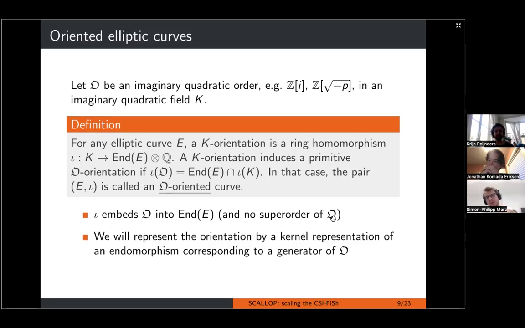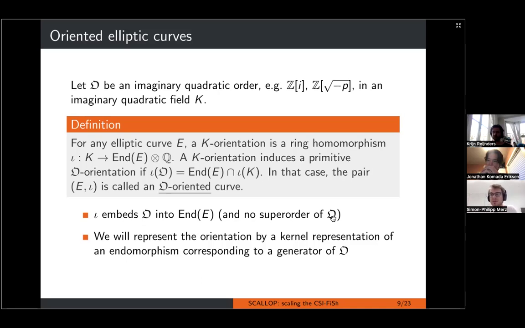In SCALLOP, there's a question of how you represent your orientation. You can do this by essentially mapping a generator, for example, or the generators of your imaginary quadratic order onto certain endomorphisms. And the endomorphisms will again be represented by what we call kernel representation, which is typical in isogeny-based cryptography.